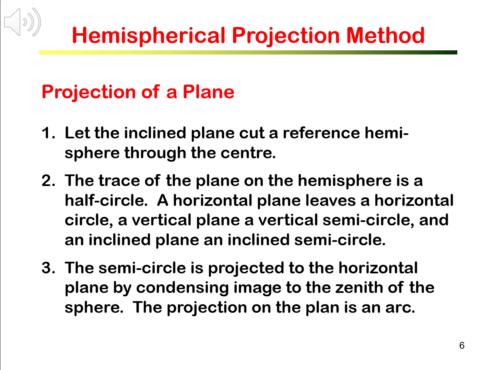And third, the semicircle is projected to the horizontal plane by condensing the images to the zenith of the sphere. The projection of a semicircle on the horizontal plane is typically an arc. A vertical plane becomes a straight arc, which is a straight line. A horizontal plane becomes a full circular arc, which is a full circle, as we've seen in the last two slides.